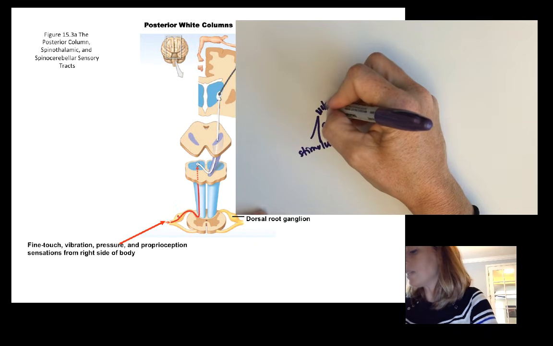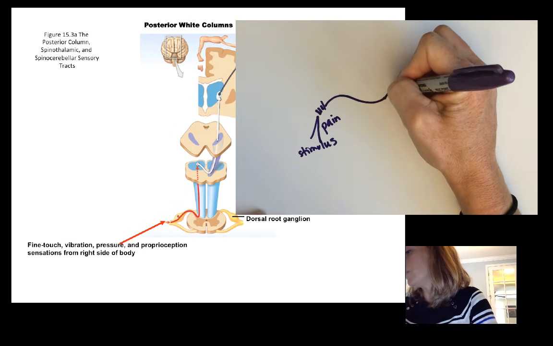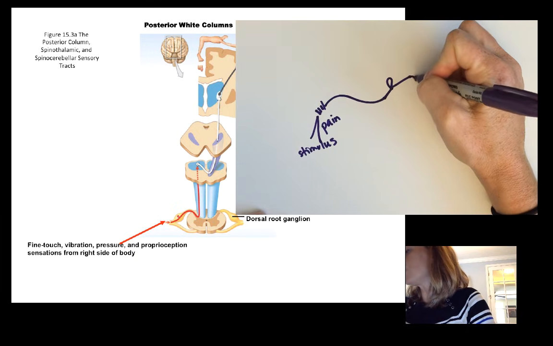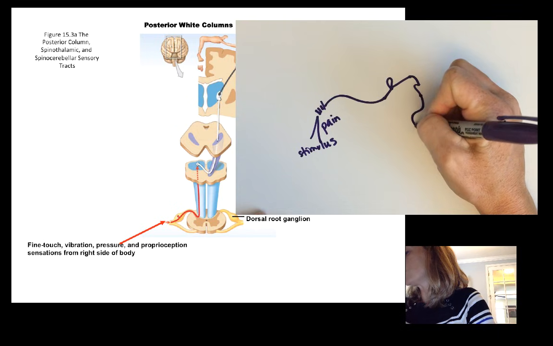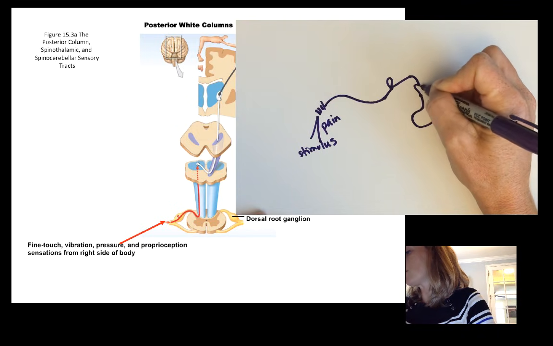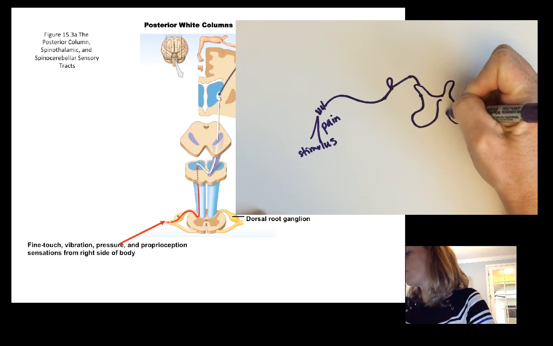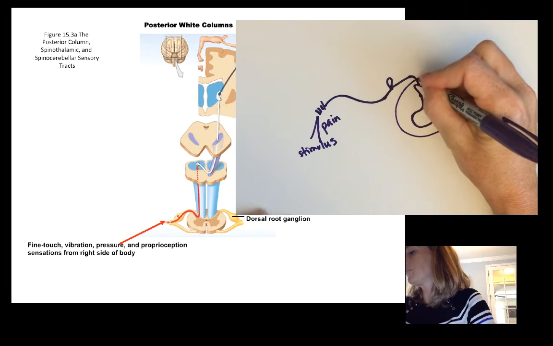That pain is going to travel through the spinal nerve, through the dorsal root ganglion, and into the dorsal horn of the spinal cord. So there's your dorsal horn, there's your ventral horn, one side of the spinal cord, there's the other side of the spinal cord there. Let's draw the whole spinal cord around it.